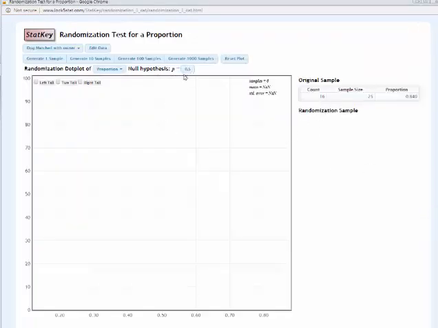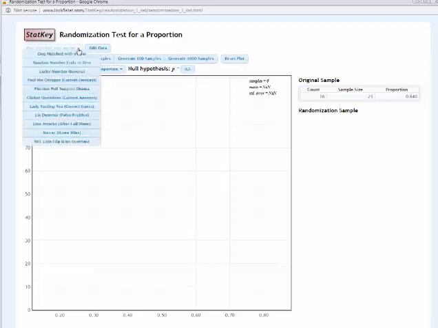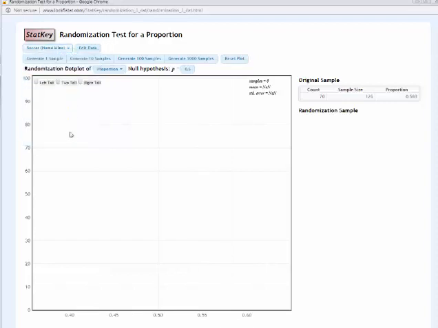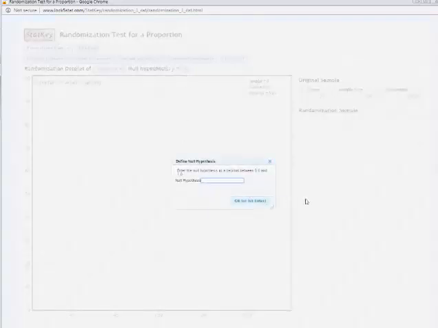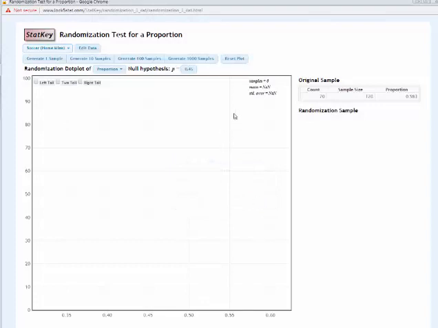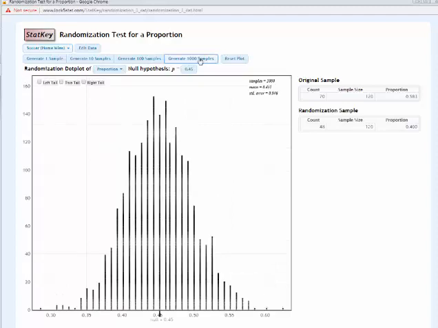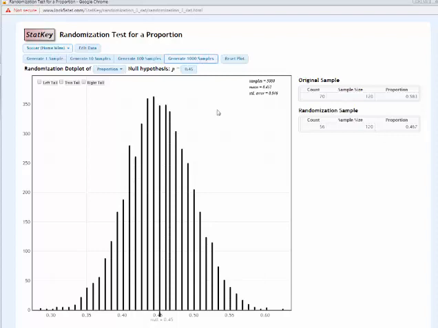So if we look at a sample here, our null hypothesis is p equals 0.5. This we can change to anything we want. This can be 0.45, it can be whatever we want. When we generate our samples, we're finding proportions, samples of 120, assuming the proportion is 0.45.